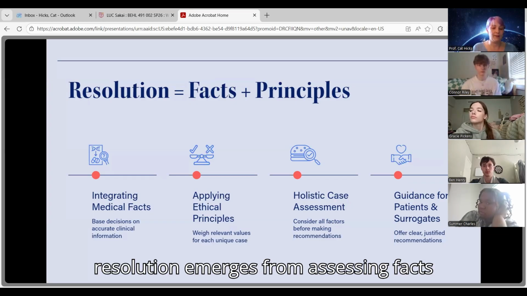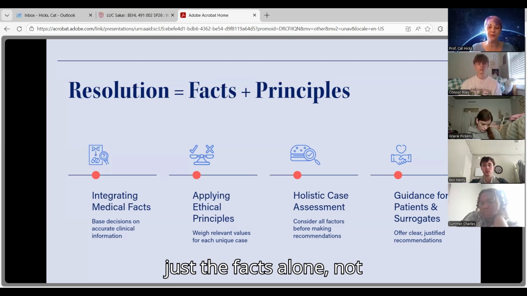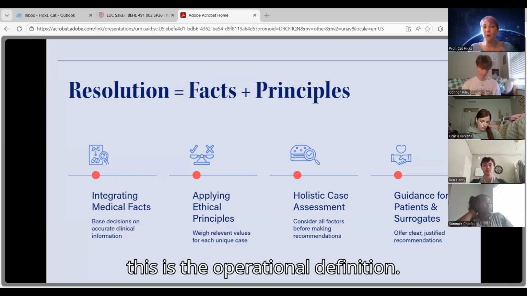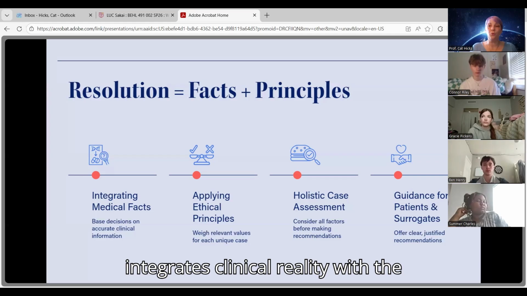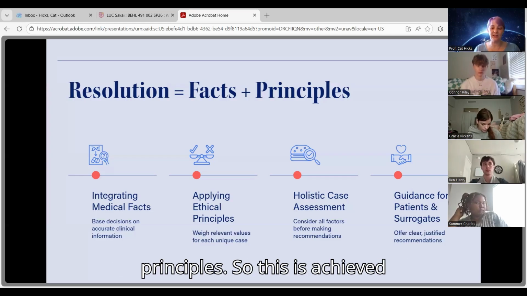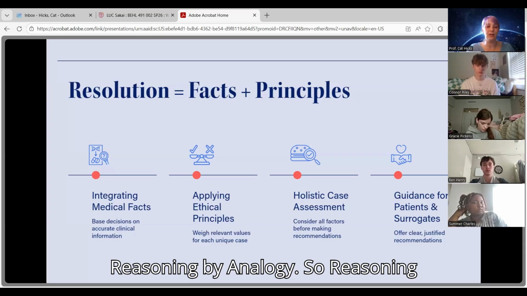So this resolution emerges from assessing facts in relation to principles, not just the facts alone, not just the principles alone. So this is the operational definition of clinical ethical reasoning. It integrates clinical reality with the normative moral structure provided by principles. So this is achieved through primarily, for this book, reasoning by analogy.